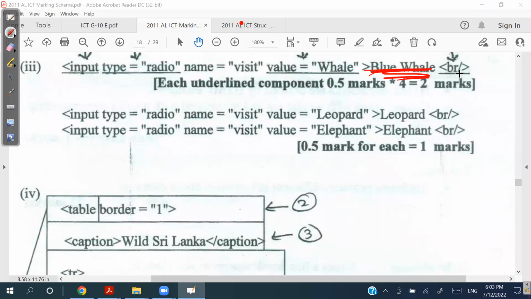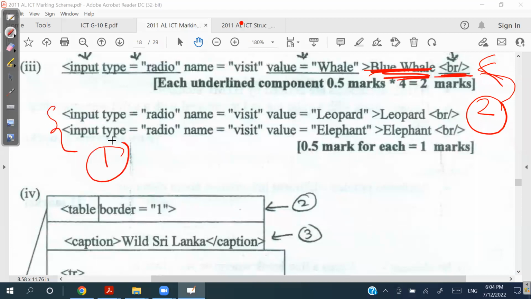Right, so then the BR is used. So if everything is in a line in the first line, it is called 2 marks. So here for these two, just 1 mark is given.